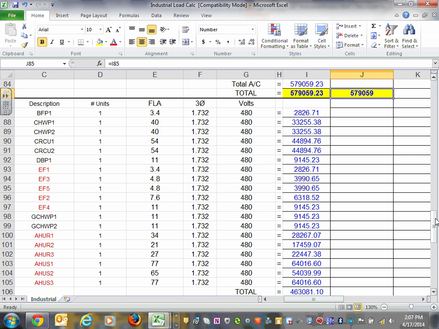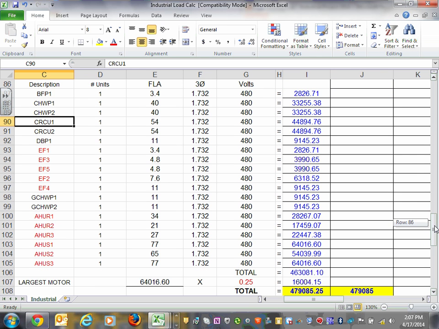Well, there will be some. And CRAC units, can you see my CRAC units are here too? The cooling units for the computer room, all these horsepower loads. You add them up, that's my mechanical load in addition to the chiller. Add them all up and increase, the code says increase 25% on the largest motor, which, bottom line, when you look at a load that size, 25% on the largest motor is nothing.